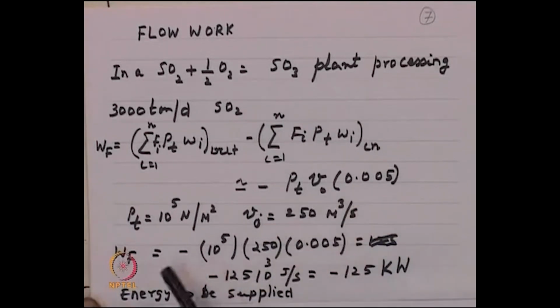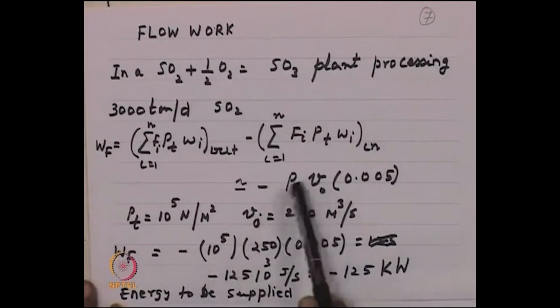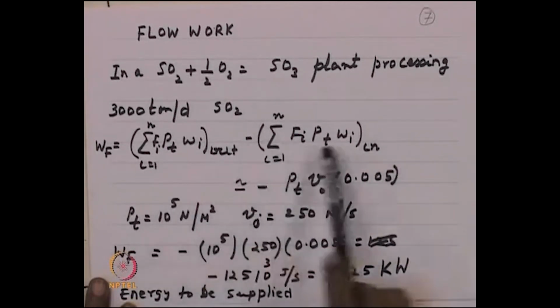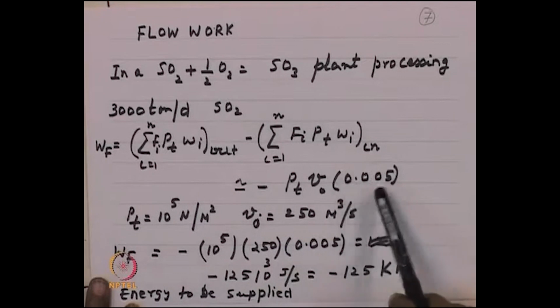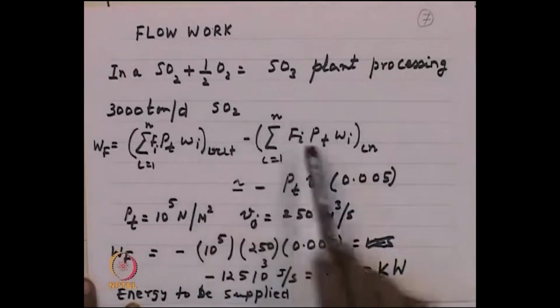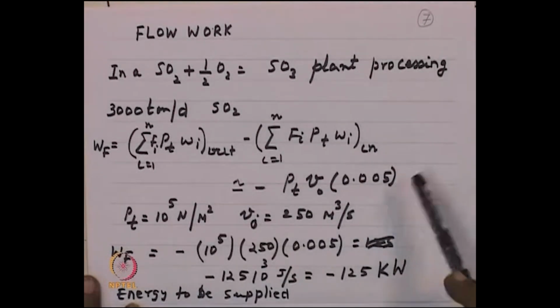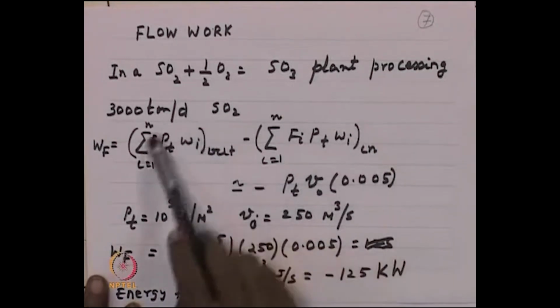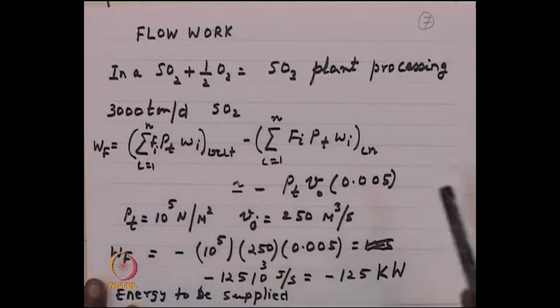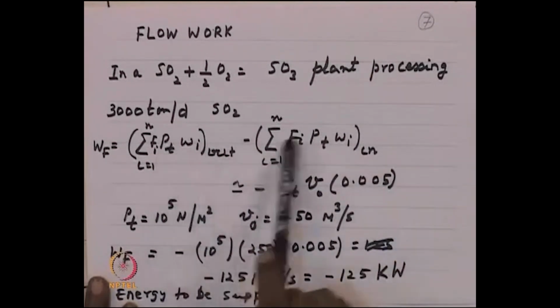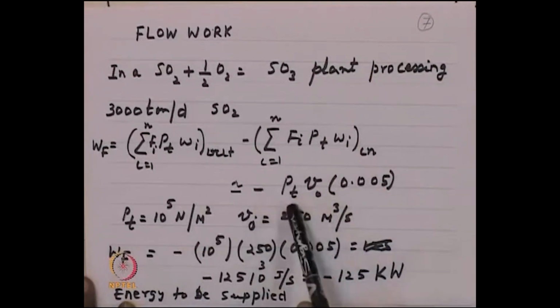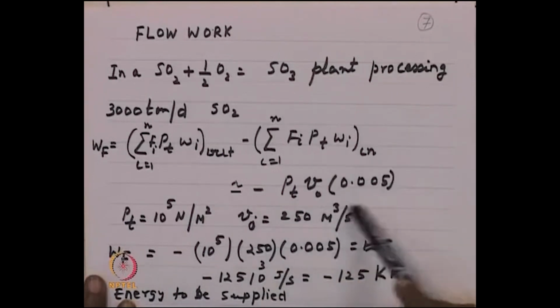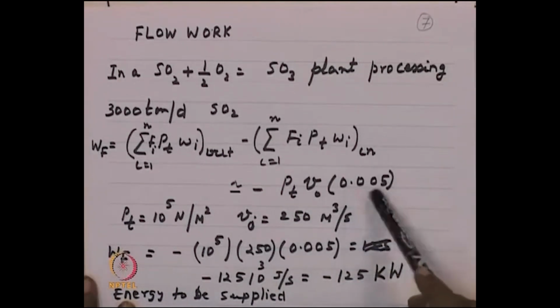Now, if you put all the numbers, Pt is given, V naught is given. So, this Pt Σ ωi Fi, experience says that this difference is typically about 0.5% of what is at the outlet. So, we have written this in the form of Pt times V naught multiplied by 0.5%, which is 0.5 by 100, that is 0.005.